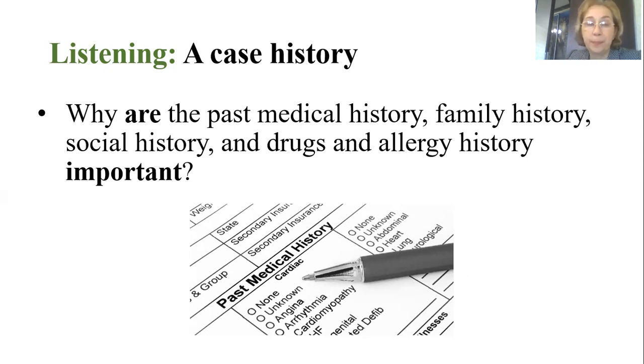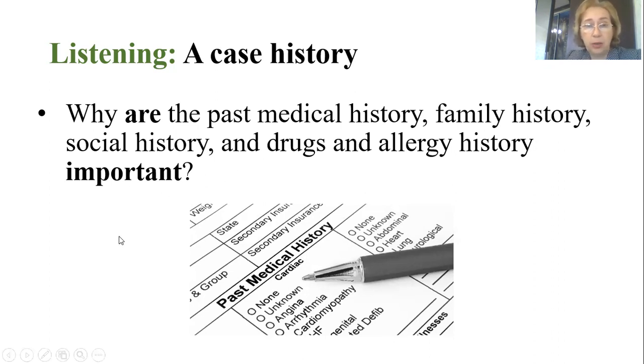Because genetics plays a role. Each of us has things like his family, because all of us have the same genetic traits. Exactly, right. And knowing the social history is also important, because sometimes the conditions people live in influence their health, and we'll be speaking about this today.